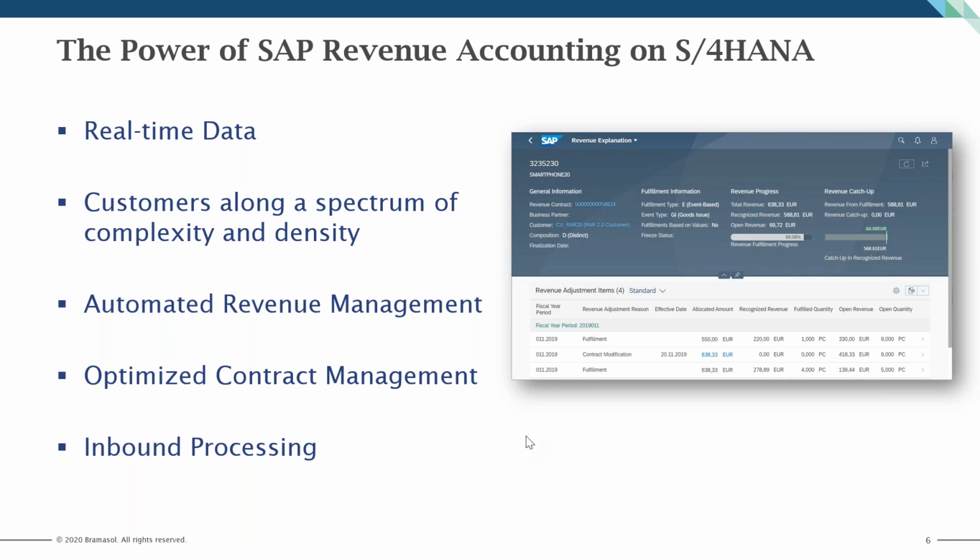Right. I mentioned some of those scenarios, and I can also reiterate the fact that we introduced optimized contract management. It also means that in terms of robustness and performance, we hit a new level.